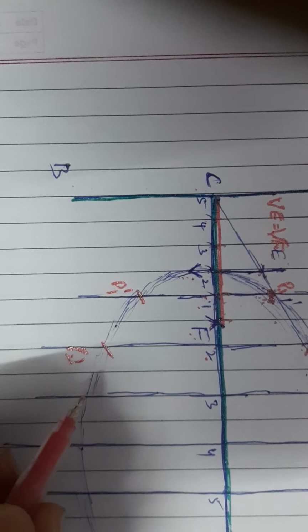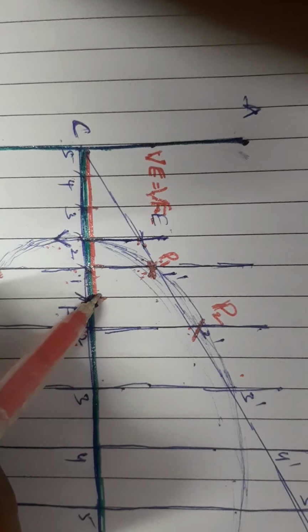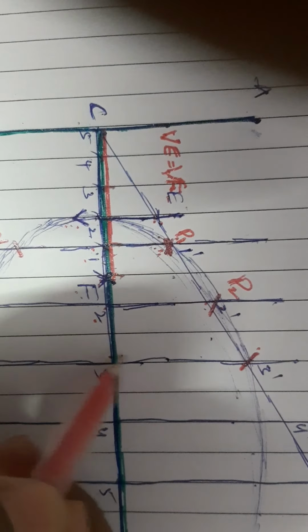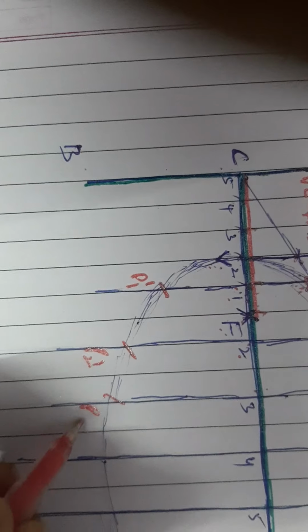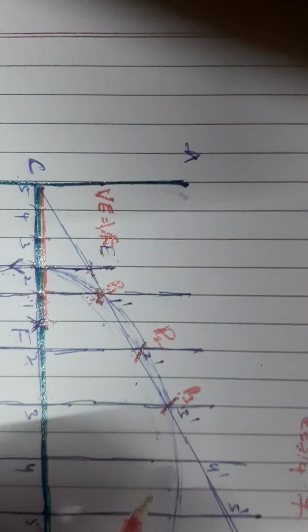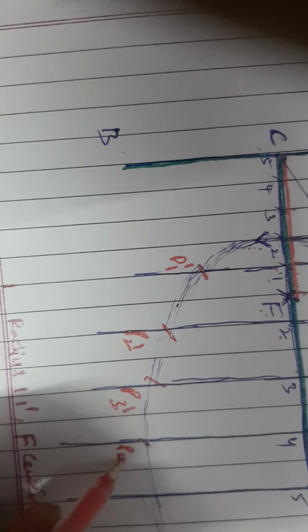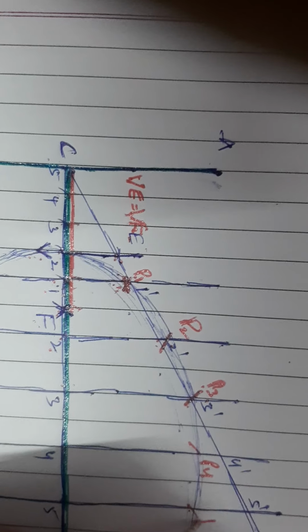Next, taking the 3 dash radius with F center, draw the arc cutting the same 3 dash line at P3, and below the axis at P3 dash. Likewise you need to repeat this procedure by taking the different radii with the same center.